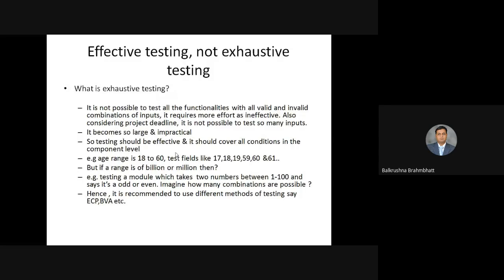The range is between 1 and 100, so you also have to check whether your program works when you enter any number less than 1 or greater than 100. You can imagine how many invalid inputs there are that you would need to enter, and it is not possible to do it that way.